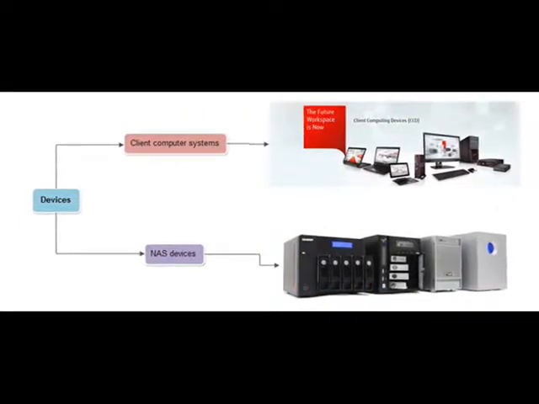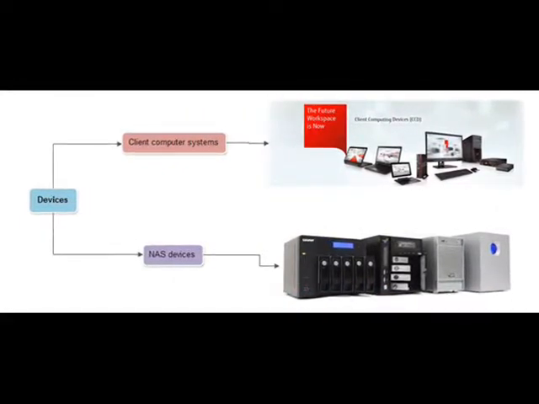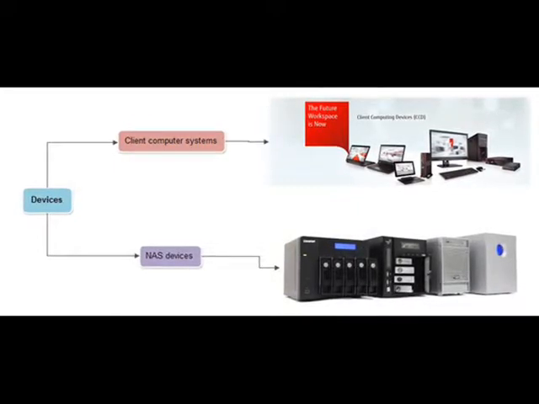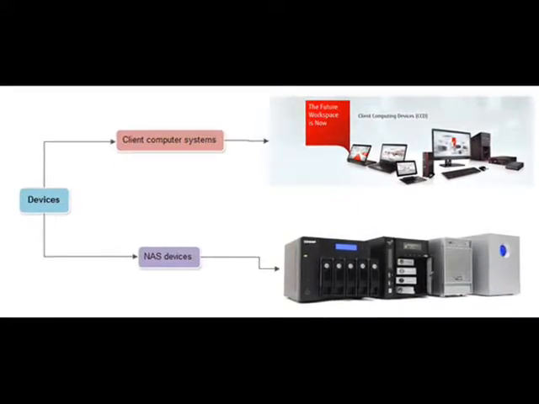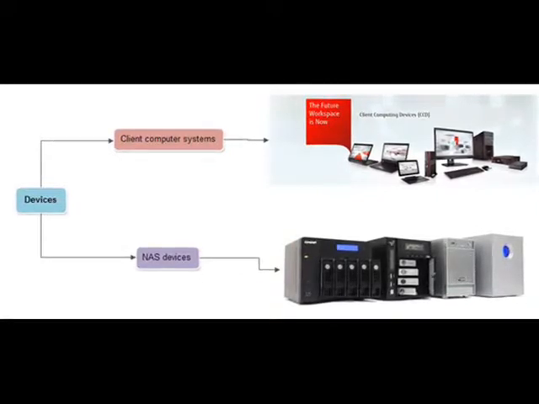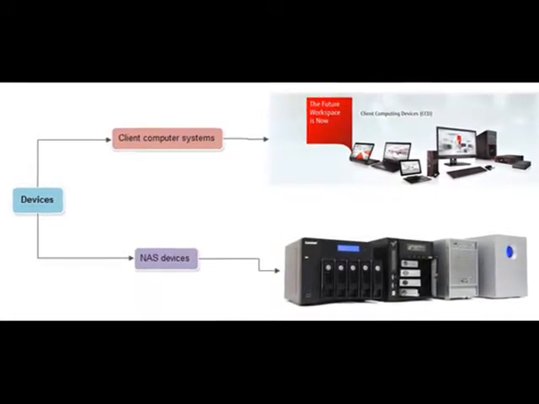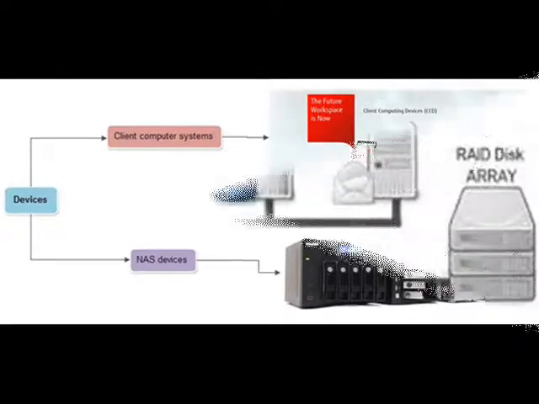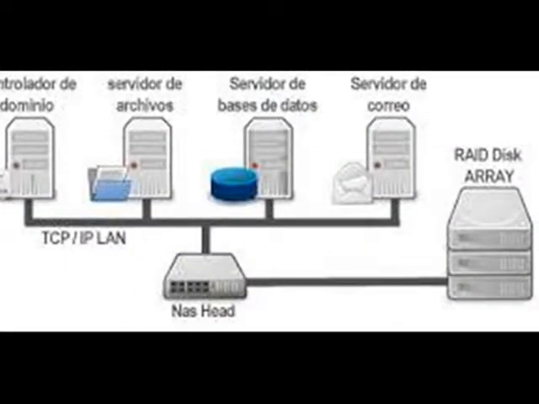The NAS storage system involves two types of device, the client computer systems and the NAS device. The client application accesses a virtual storage resource without knowledge of the whereabouts of the resource.